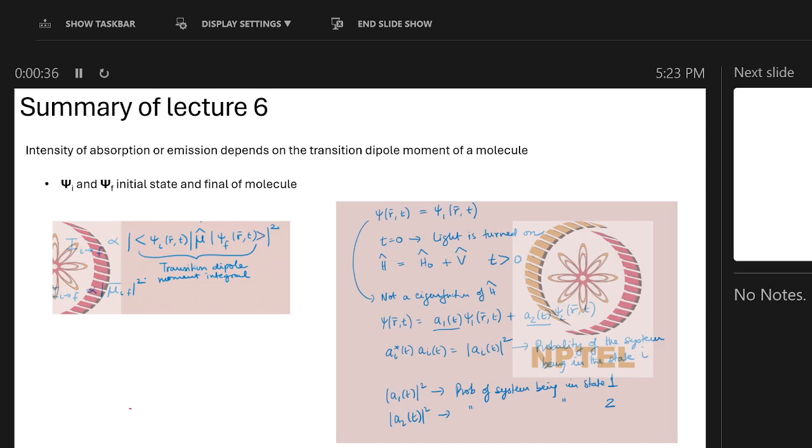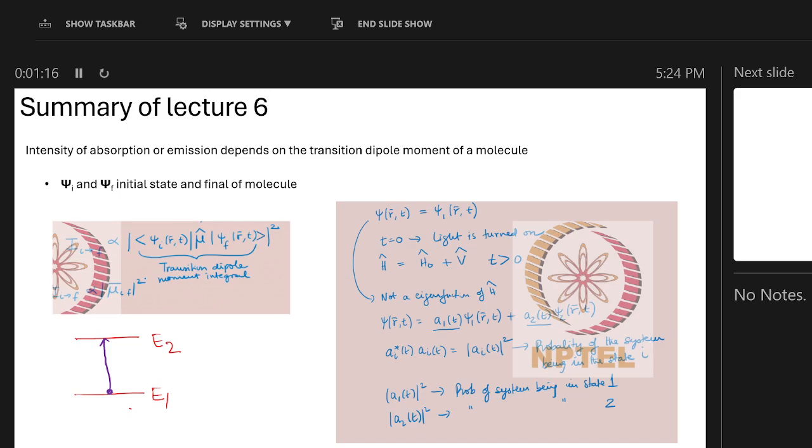summary of lecture 6. Let's say we have two states, E1 and E2, and one molecule undergoes a transition from state E1 to state E2.